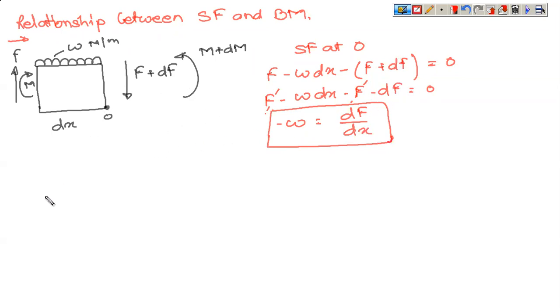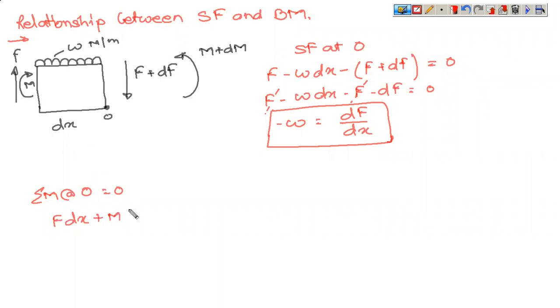Now let us find out the sum of all moments about point O and equate it to 0. If you find the moment about point O, this F will produce a moment F dx. It is in clockwise direction, so this is positive. Now here you have a constant moment of magnitude M in clockwise direction, so again this is M positive.